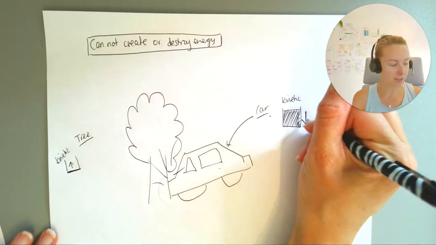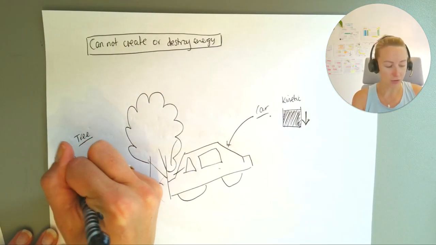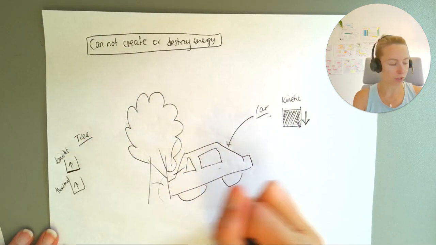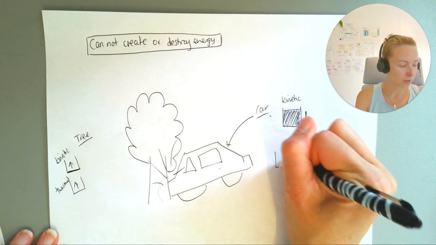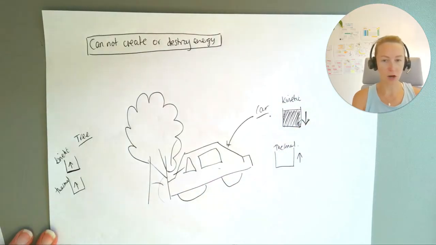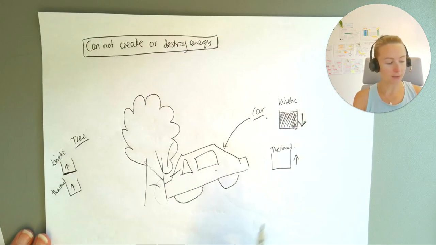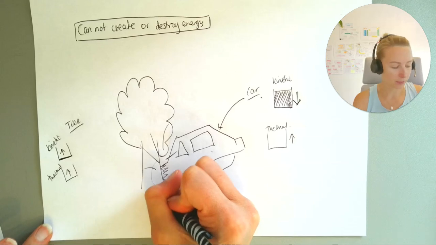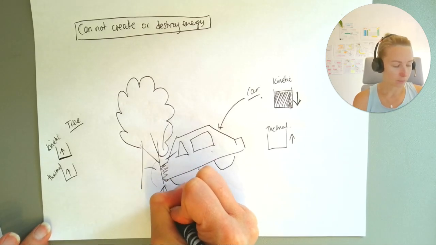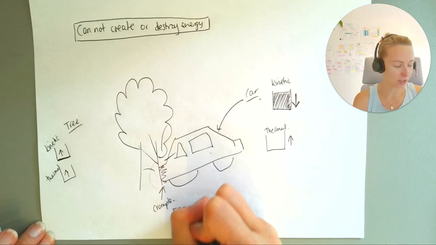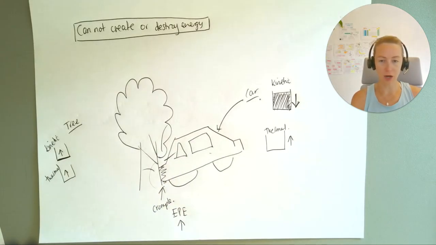So in fact, some of this kinetic energy might start to fill the thermal store of the tree and the thermal store of the car. This area of the car is going to crumple. So there might be some elastic potential energy moving up there.